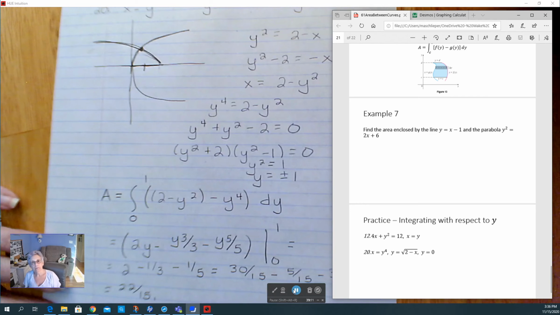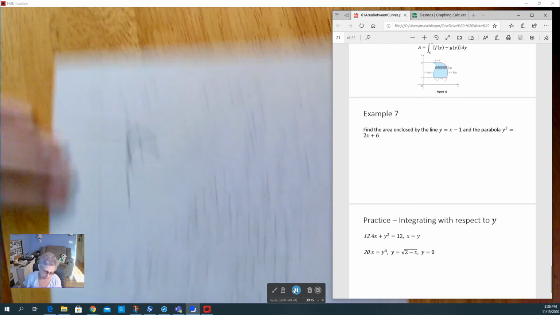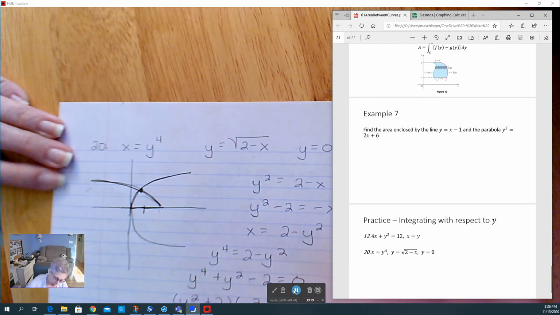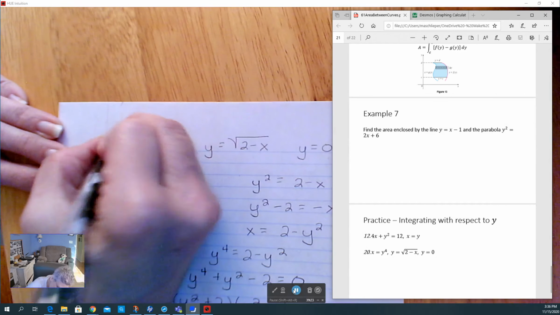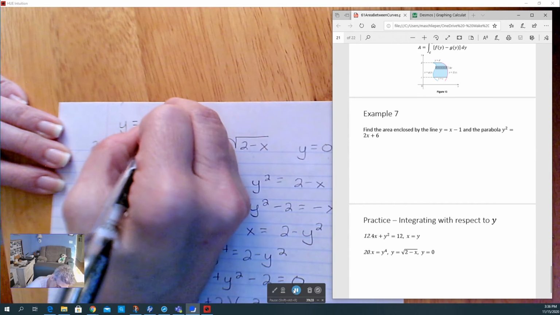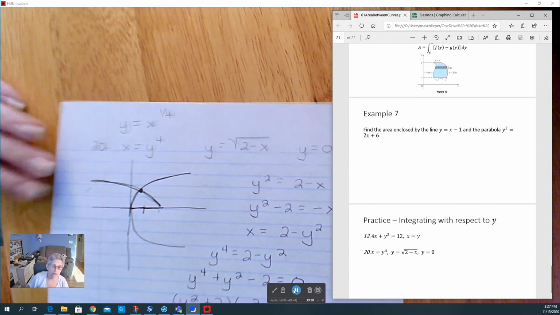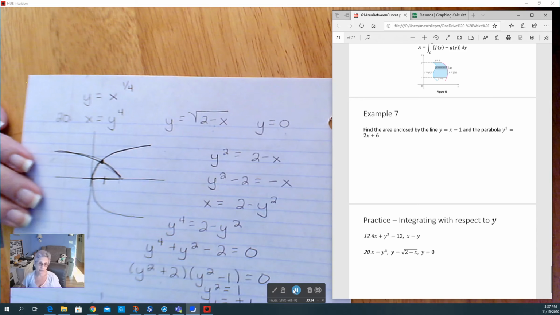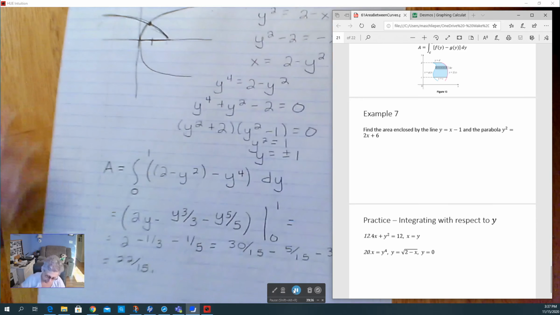Now, I could also do this one with respect to x. If x is equal to y to the fourth power and y is greater than 0, then y is equal to x to the 1/4 power. And I already have this one as a function of x.